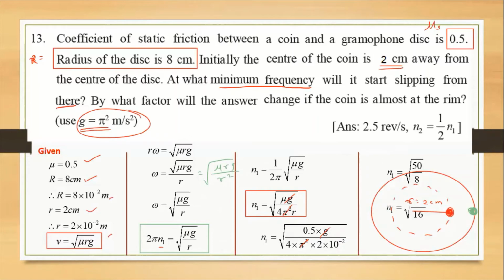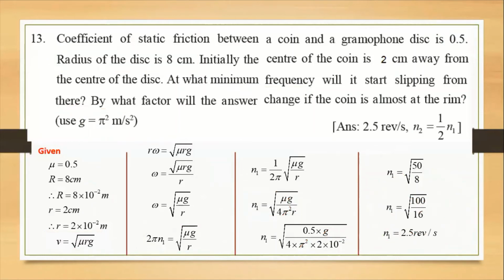So 50 by 8 means root 100 by 16. Root 100 is 10 and root 16 is 4. 10 by 4 means 2.5. So we get the answer 2.5. Okay, I hope you understood. You can see here 2.5 we get. So this is the frequency.